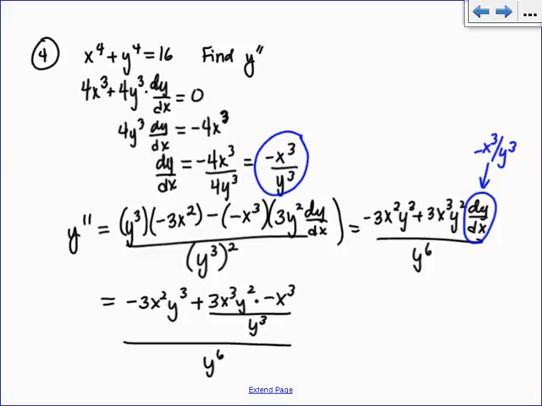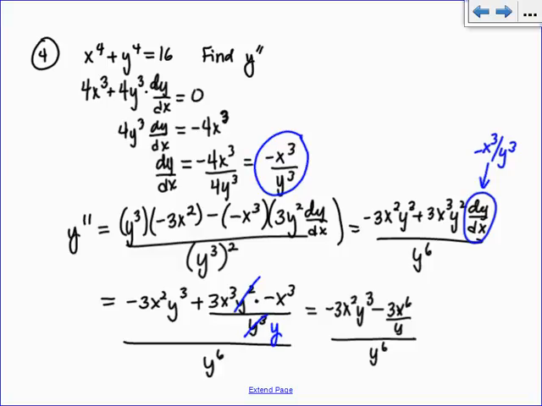And it's kind of messy. We don't leave things as fractions within fractions, so we try to simplify. So we can at least see that the y squared and the y cubed reduce out to just y on the bottom. So we have negative 3x squared y cubed minus 3x to the 6th over y, all over y to the 6th.